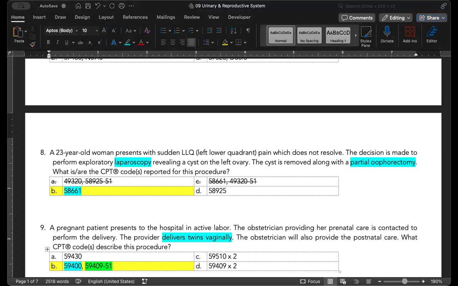Let me look at Select Coder real quick and see if it tells me yes or no. I can give you an answer in like 2 seconds. 58661. Yeah, you can put an LT or RT on it. Okay, great. Thank you. You're welcome. That was a good question.